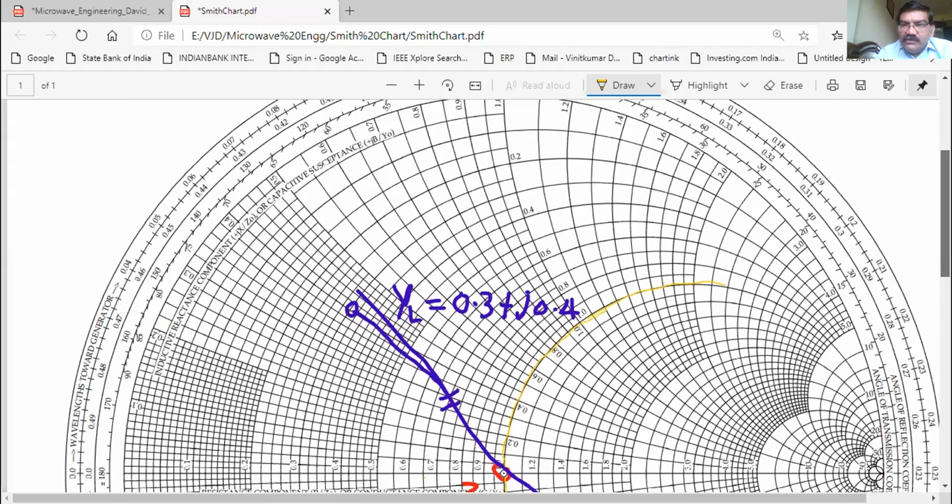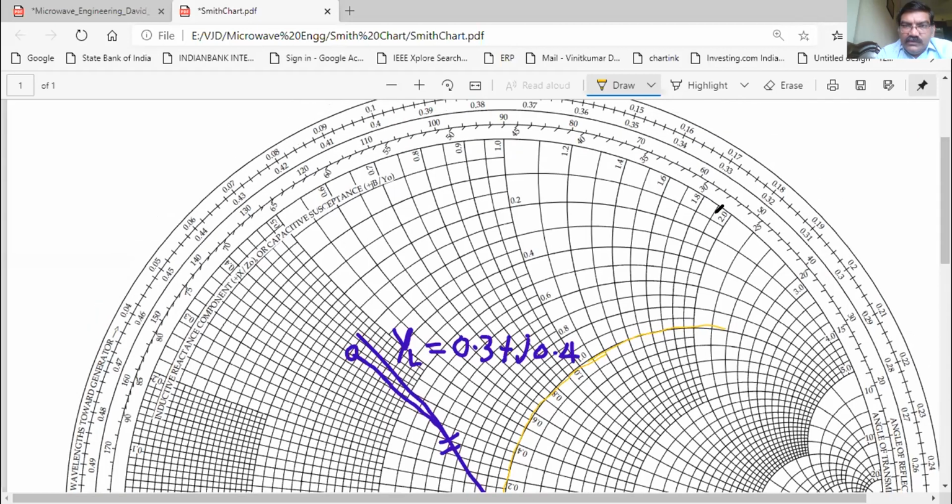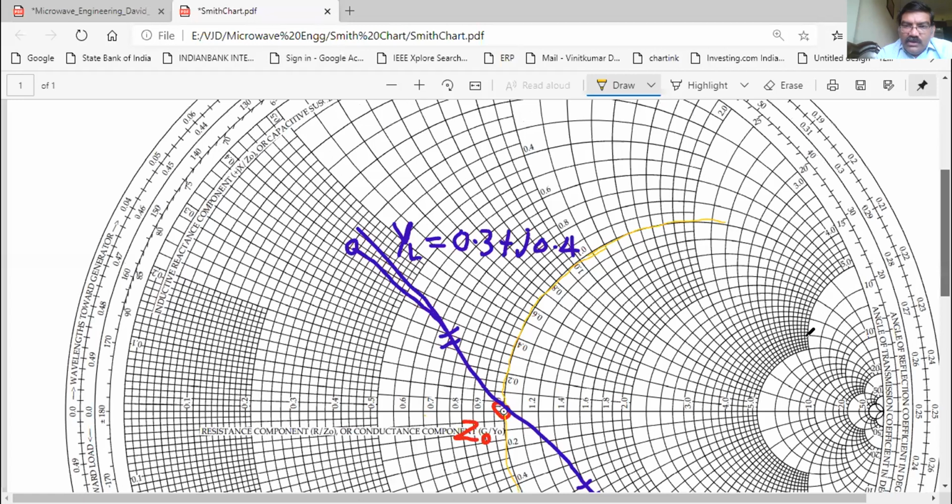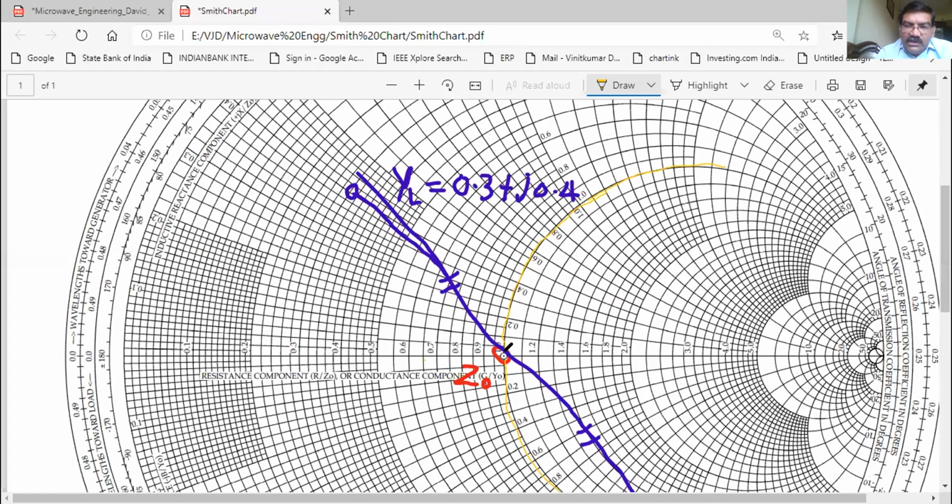Let me know. Does anybody have an answer? You draw a circle, put your rounder at this point, and draw a complete circle.